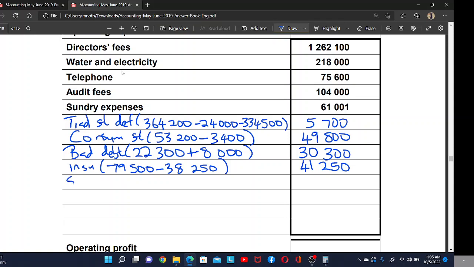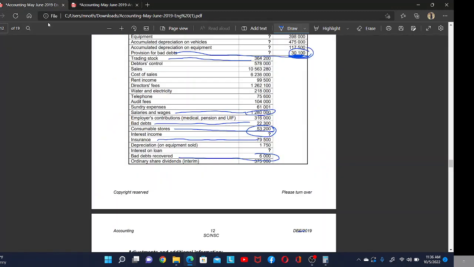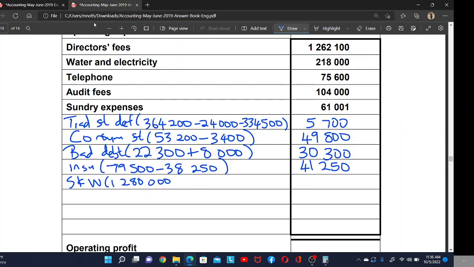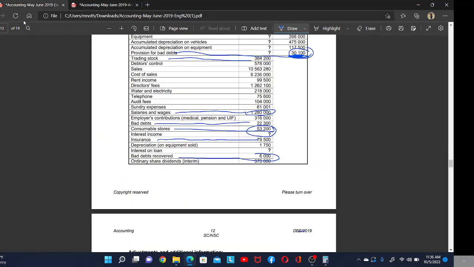Salaries and wages 1,280,000. And then we also have the employer's contribution, which is 316,000. So let's go back there.